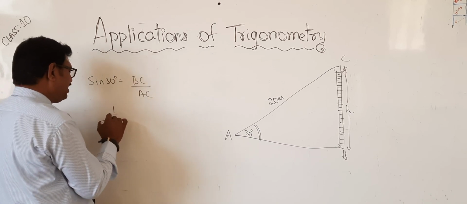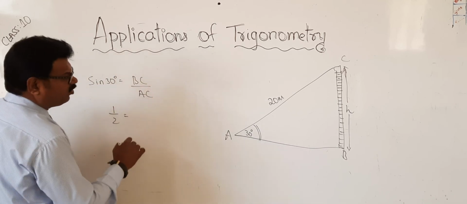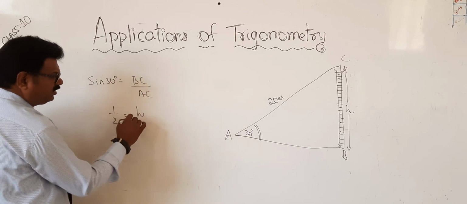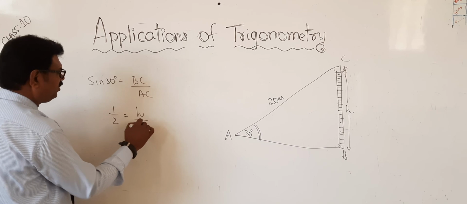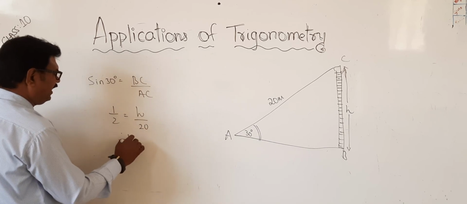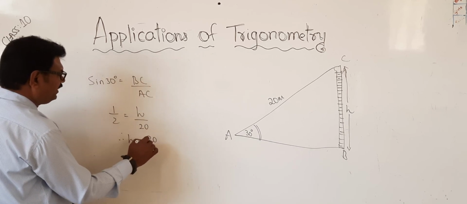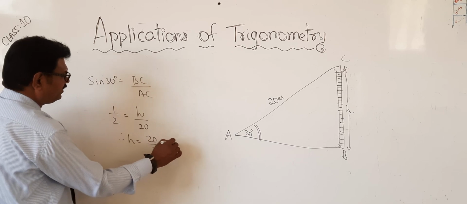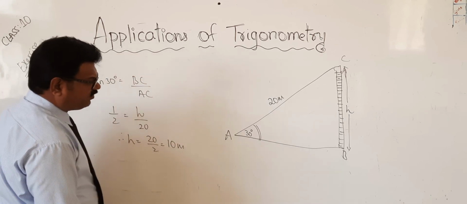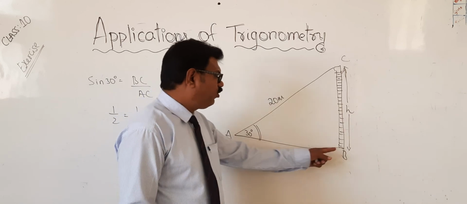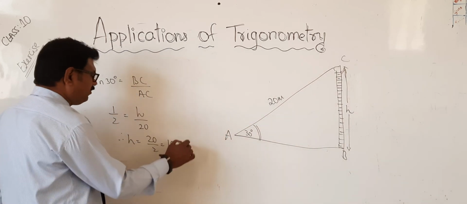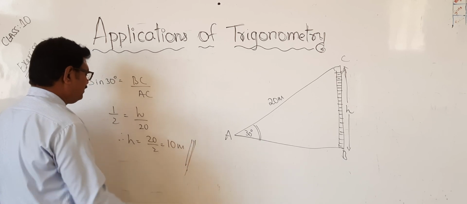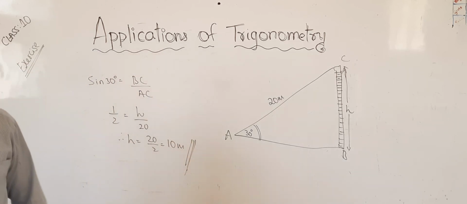Sin 30 is half. BC we don't know, and the hypotenuse is 20. Therefore h is equal to 20 divided by 2, that is 10 meters. Therefore the distance between the pole and the observer is 10 meters. Okay? So like this you should find out.